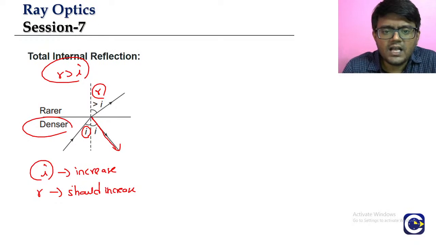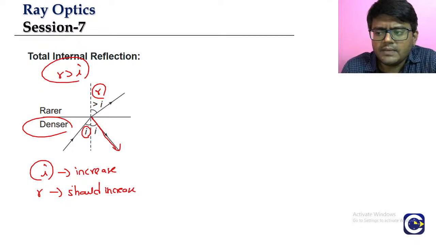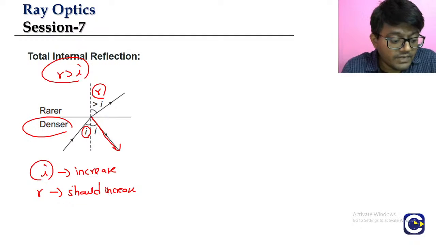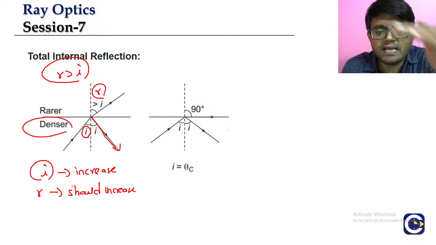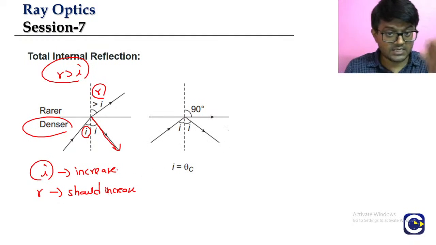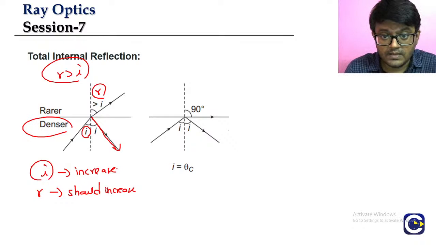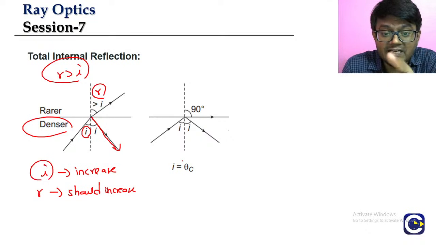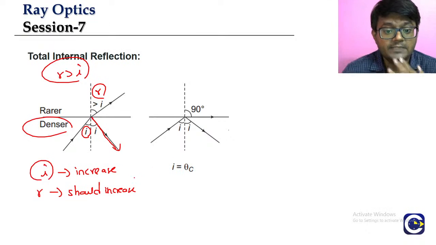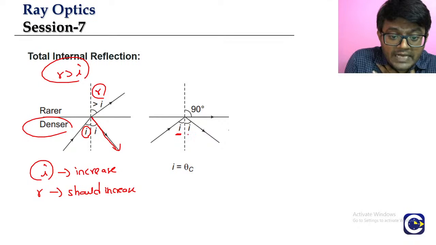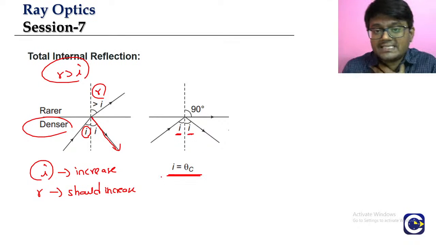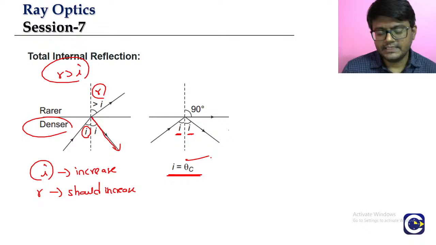If we make i maybe 70 or something, we will reach a situation where r will be exactly 90, because r is always more than i, because we are looking at the light ray going from denser medium to rarer medium. So if you keep on increasing i, you will get a situation where the angle of refraction is 90. That particular angle of incidence is what we call the critical angle of incidence, theta critical.